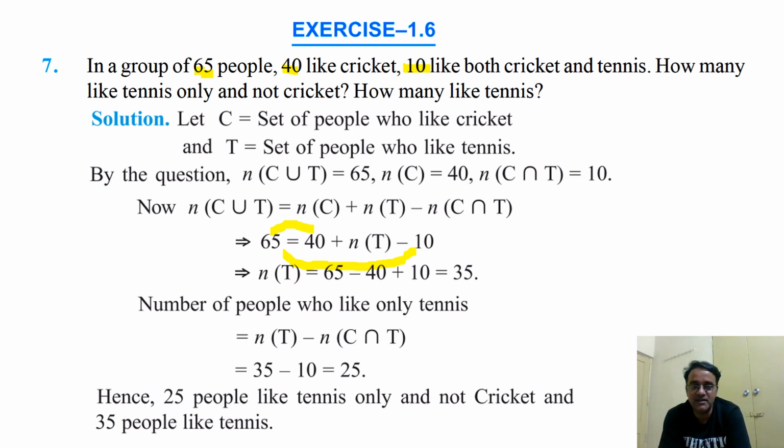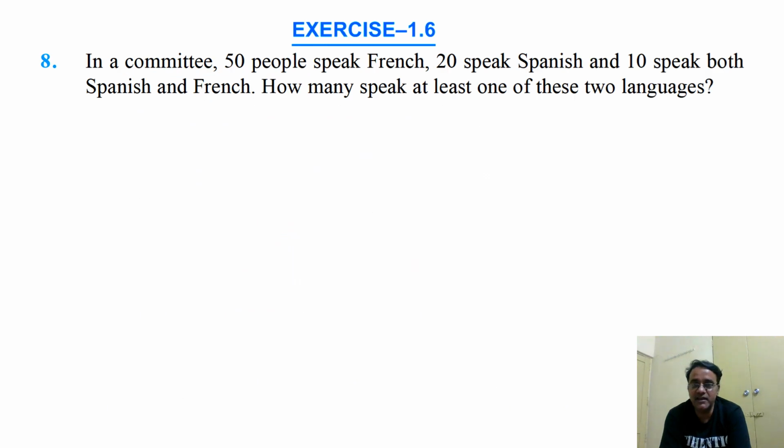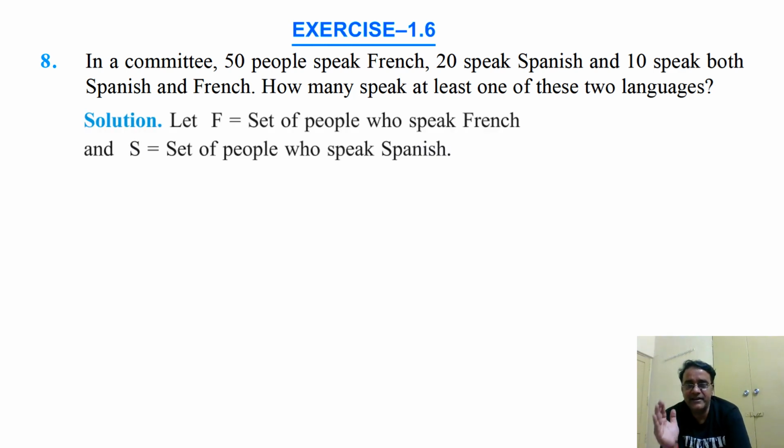Okay, now we'll start question number 8. In a committee, 50 people speak French, 20 people speak Spanish, and 10 speak both Spanish and French. How many speak at least one of these two languages? So here we'll take two sets first. We'll take F for the set of people who speak French, and S for the set of people who speak Spanish.